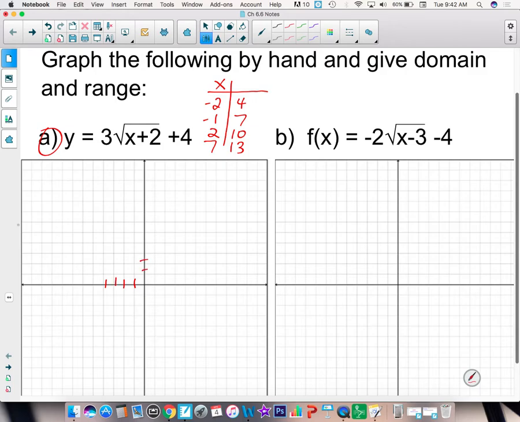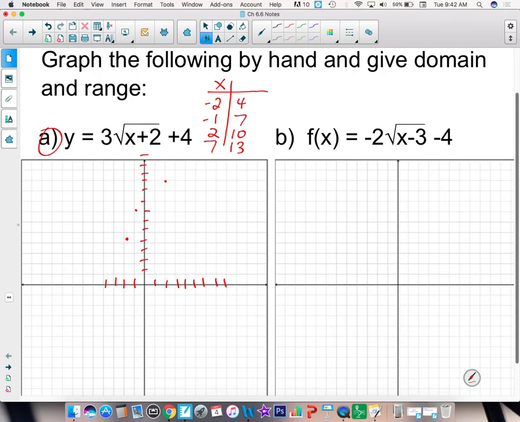So -2, 4 is going to be here. -1, 7 going to be there. And then 2, 10 going to be there. And then we have 7, 13.